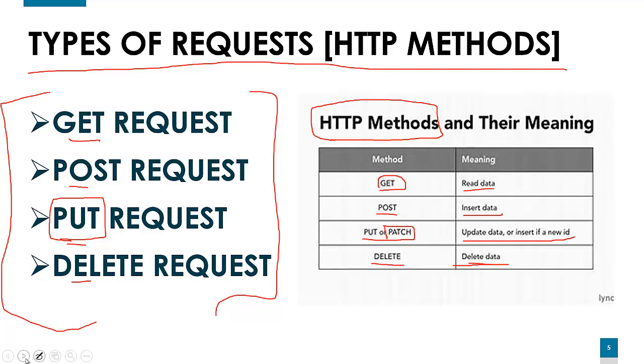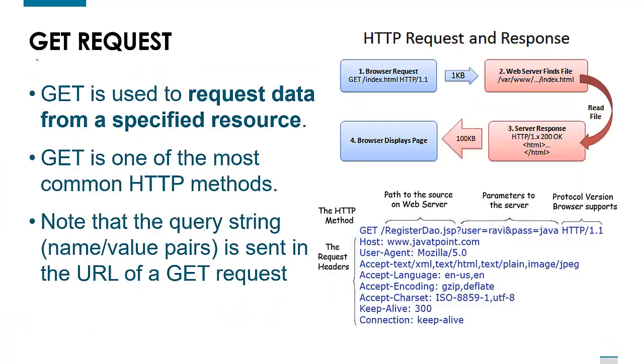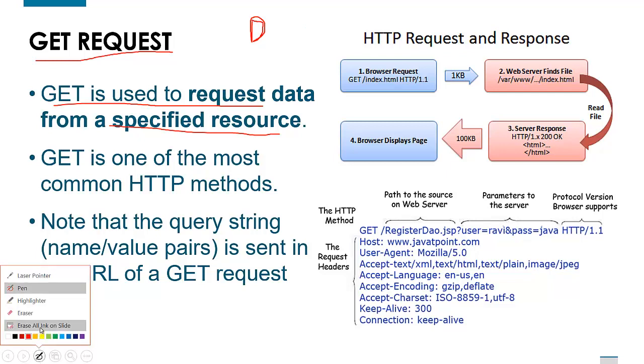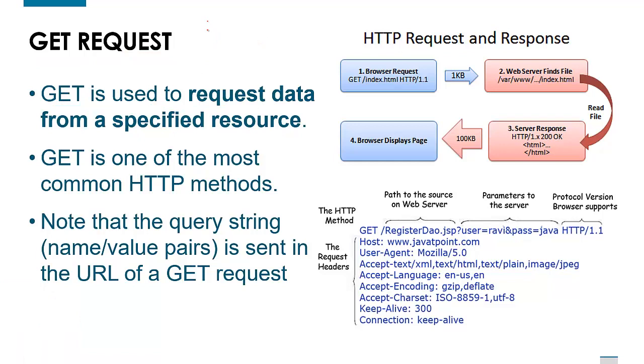Now let's see these in detail. What is our GET request? GET is used to request data from a specified source. Like our database is here. I'm erasing all this. See that, now there is our client, our website.